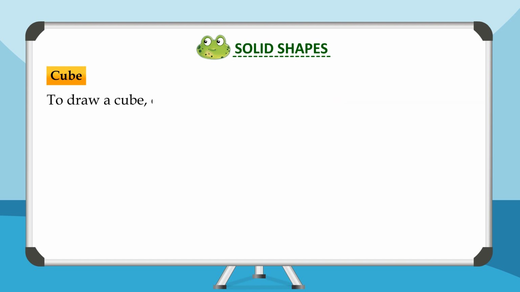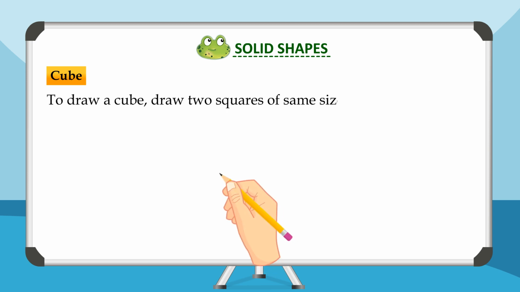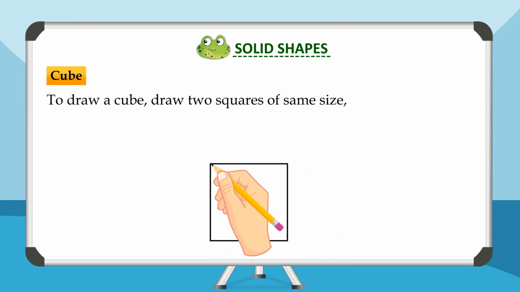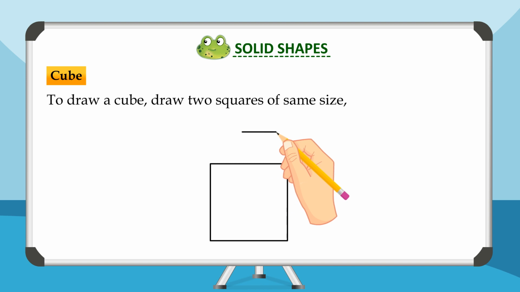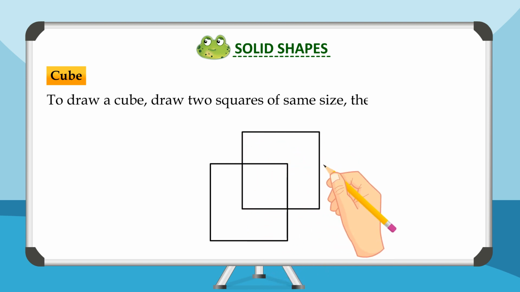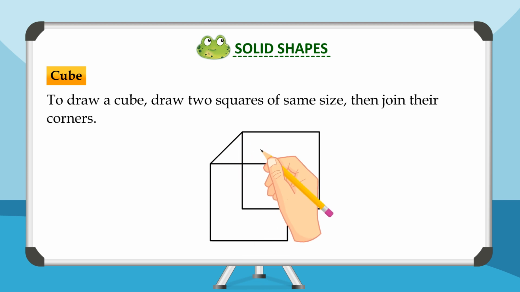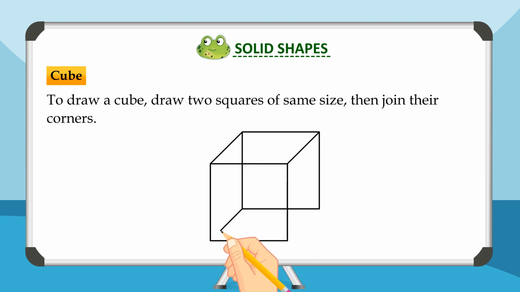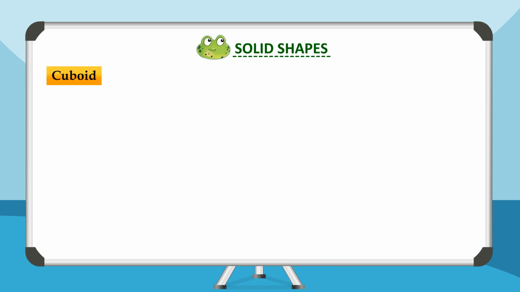To draw a cube, draw 2 squares of the same size. Then join their corners. Cuboid.